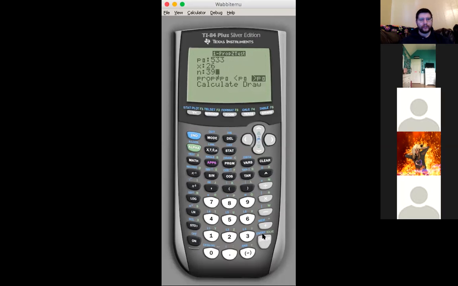N was 39. And it was, again, a right tail test, calculated. Oops, I typed something in wrong. Oh, I didn't put a point. That might help. There we go. 1.67 for my test statistic, 0.0471 for my p-value.